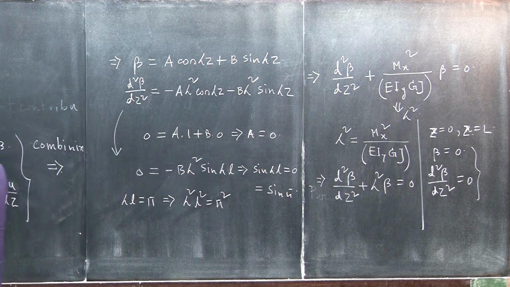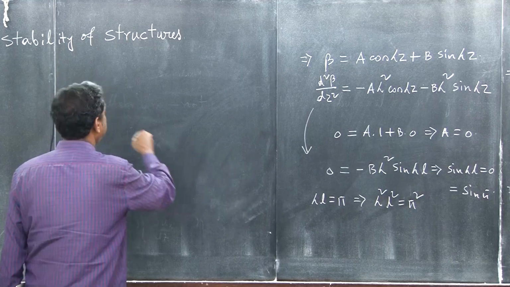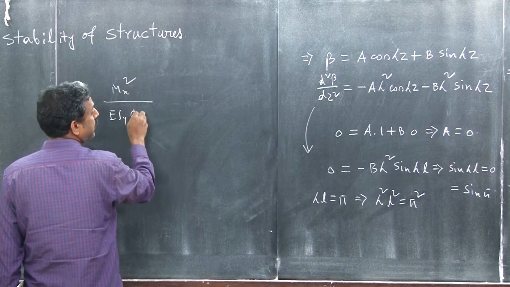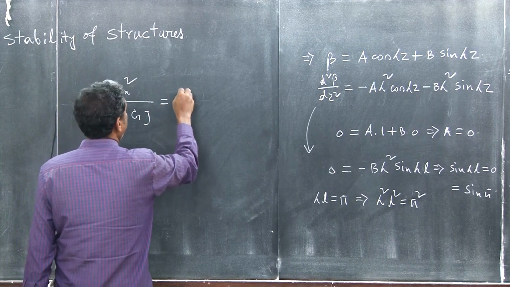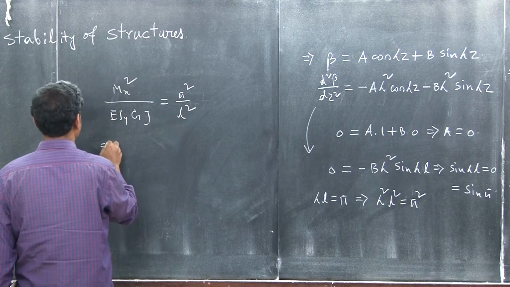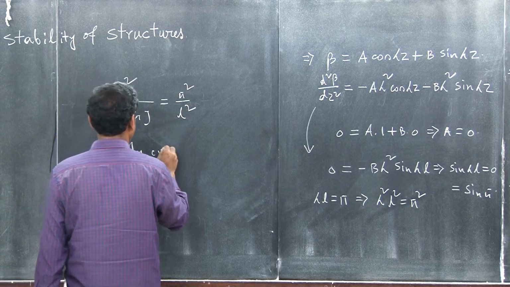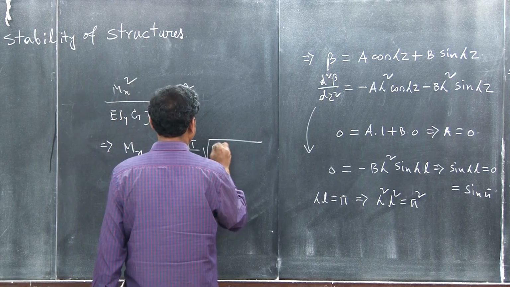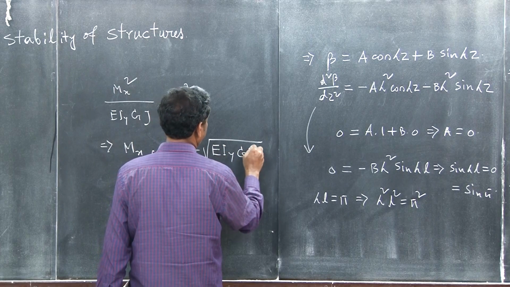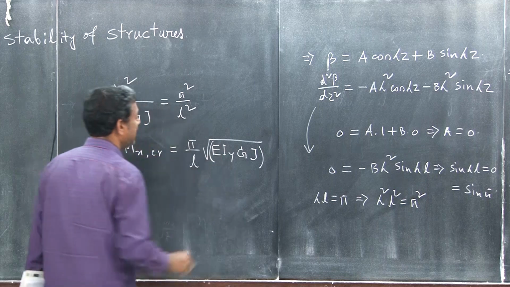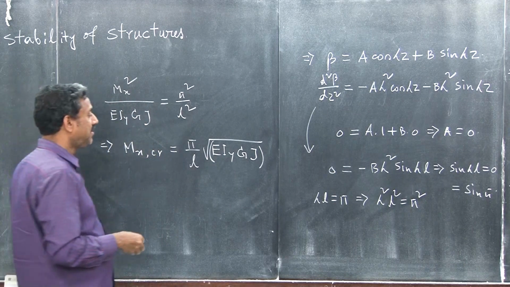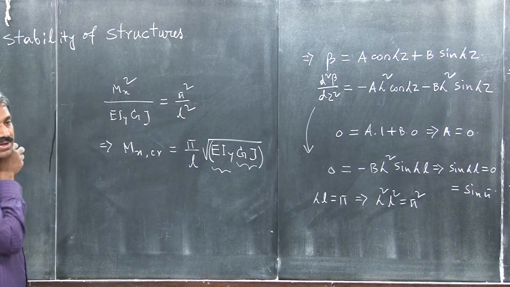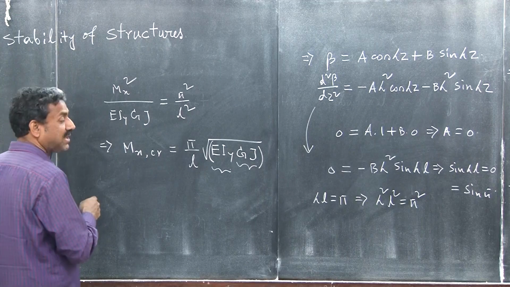So what is lambda square? Mx square divided by EIy GJ is equal to pi square upon L square, or the critical moment Mx is nothing but pi by L root of EIy GJ. We see the same thing, with flexural rigidity and the torsional constant, the lateral torsional, lateral flexural buckling critical moment.